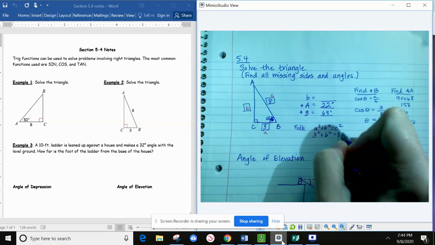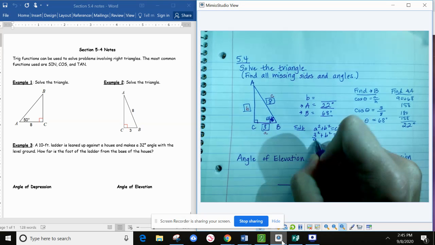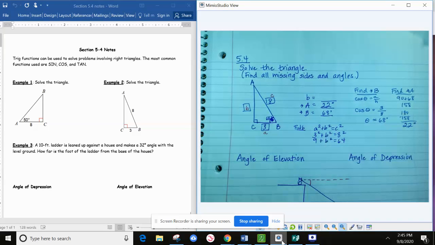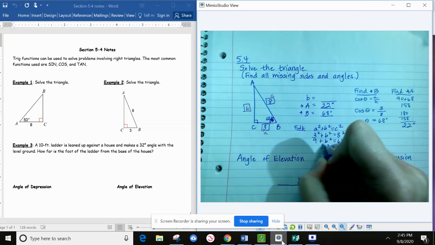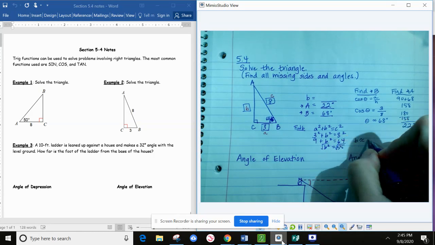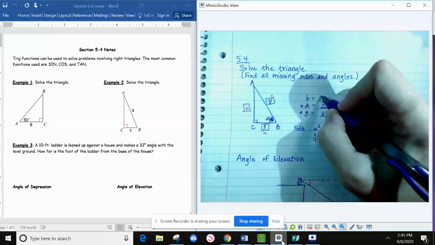All right, and this is nice because if you have your a, b, and c sides labeled and they're labeled correctly, you can just plug those into the formula as they are. So let's do 64 minus 9. That's a 55. Square root of that in a decimal format is about 7.4. Now, could you have left it as square root of 55? Absolutely.